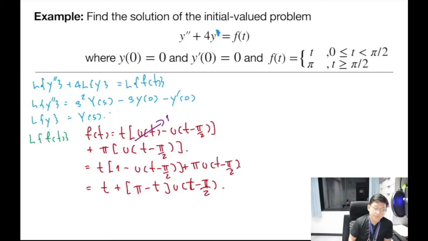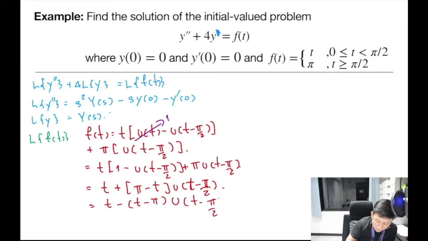Or if you want, you can pull the minus 1 out, and that will be minus (t minus pi) u(t minus half pi). Guys, if you don't remember this, just go and watch the unit step function video. That's how to write down the unit step function.